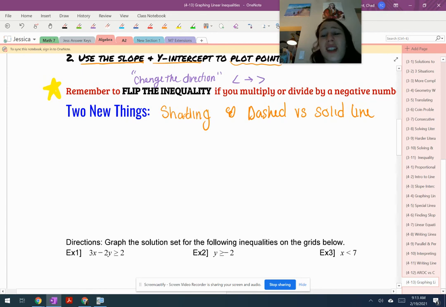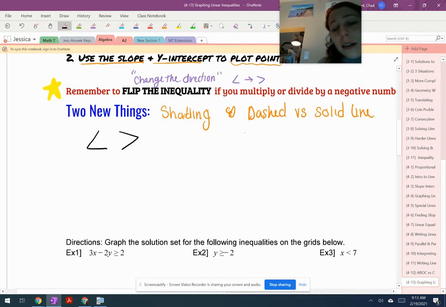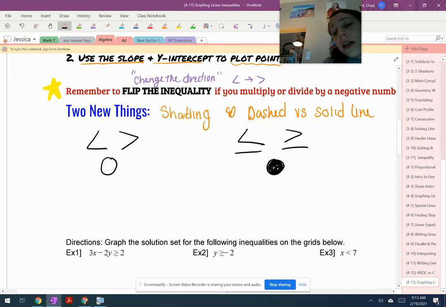The dashed versus the solid line really have to do with the open and closed circles if we're talking about our old school number line graphs. So if we take a look at our inequalities, we have our less than and greater than, and then our less than or equal to and greater than or equal to. Just like these less thans and greater thans get the open circles and the or equal tos get the filled in circles, the just greater than or just less than are going to get dashed lines.